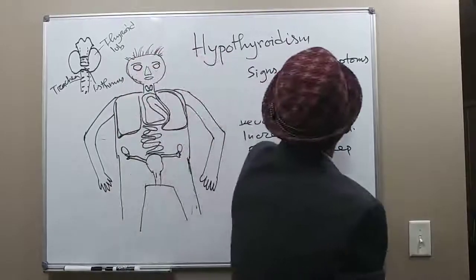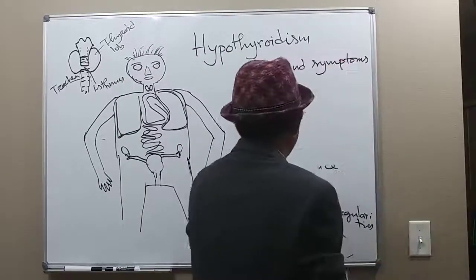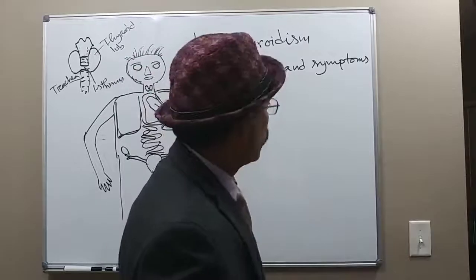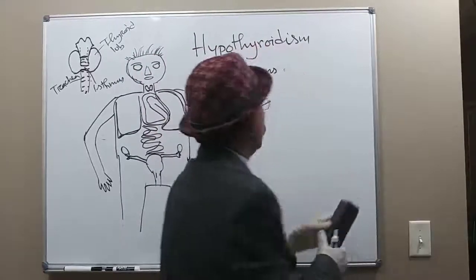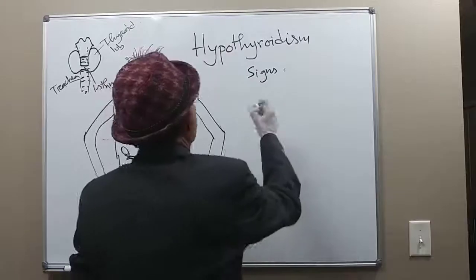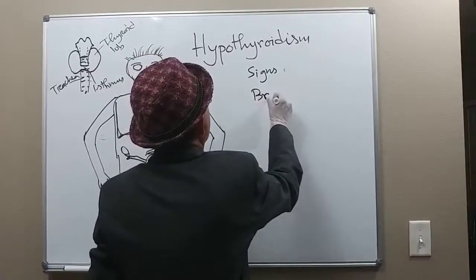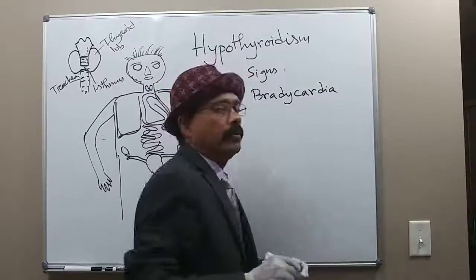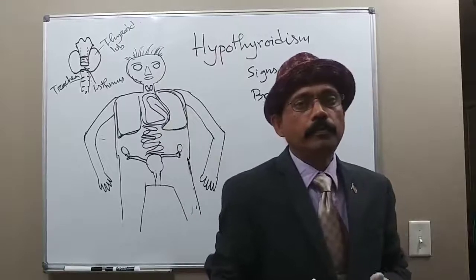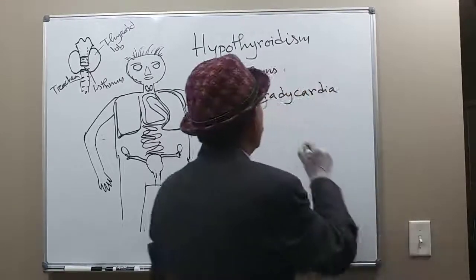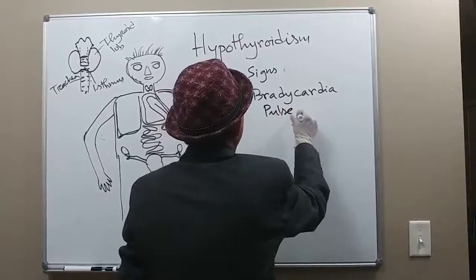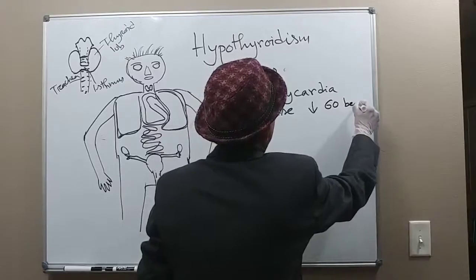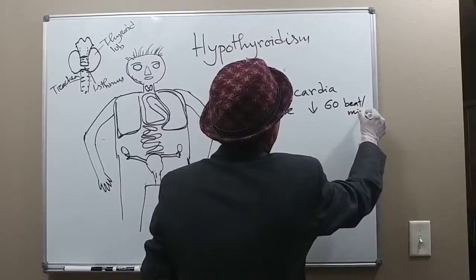Then let us look at the signs. Now we have gone through the symptoms. So what are the signs of hypothyroidism? We'll get bradycardia, that means a decrease in pulse rate, less than 60 beats per minute.